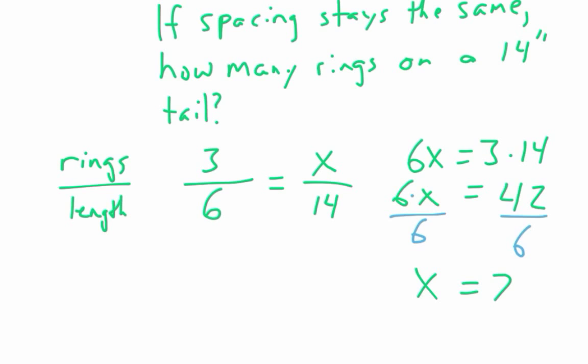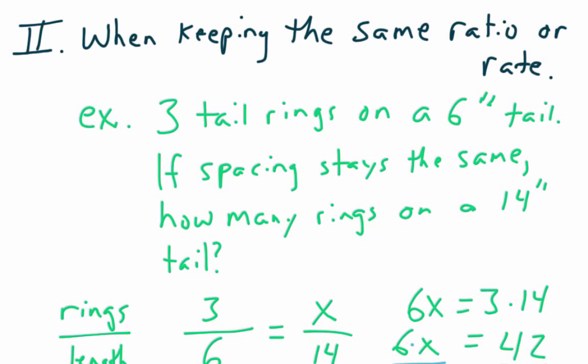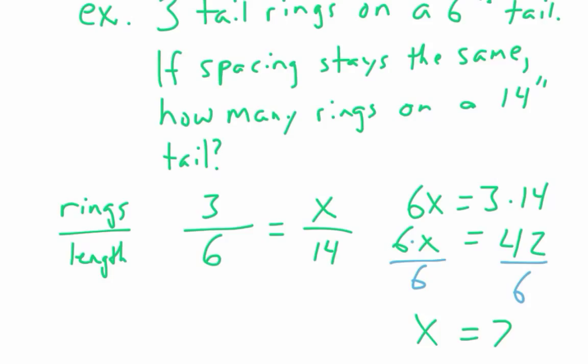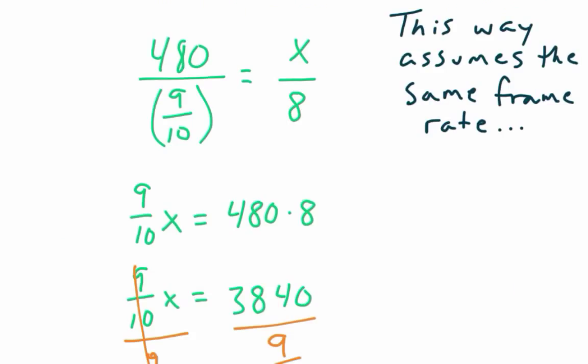Okay, so the same ratio or rate, when you have that, you can use a proportion, you can do the cross multiply and divide. If for this first one, so if I go back to the train, the explosion example, if we were to do that same thing here, and I wouldn't copy this all down, but we said the first one we had like frames per second, and we had number of seconds. So 480 frames per second, they filled a 9/10 of a second thing.